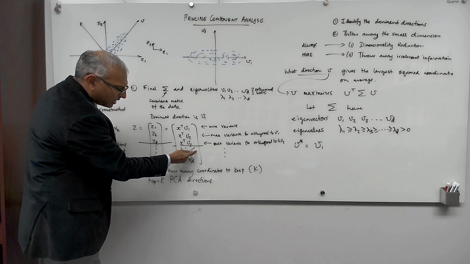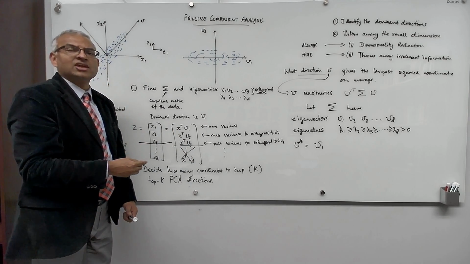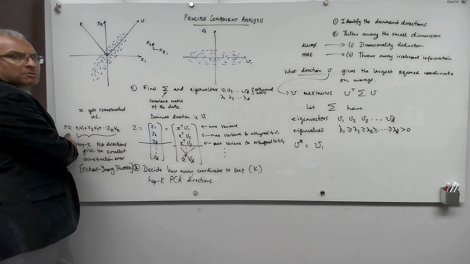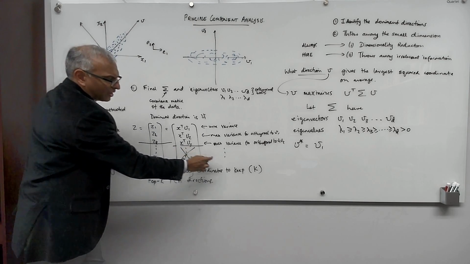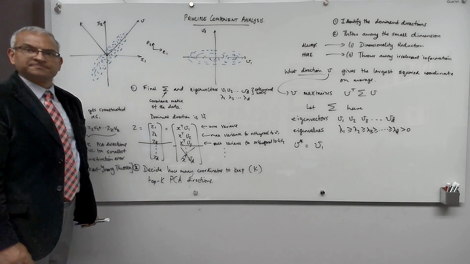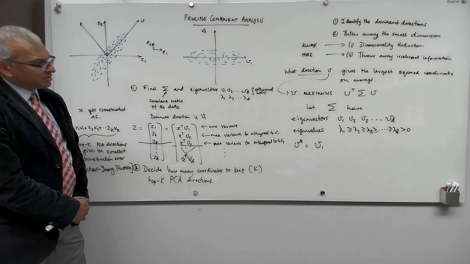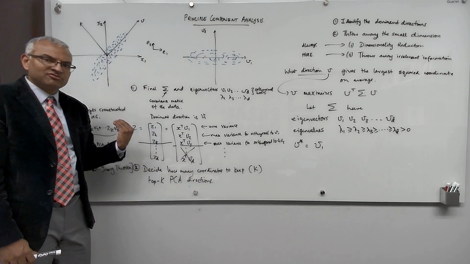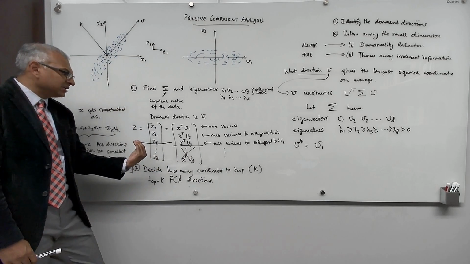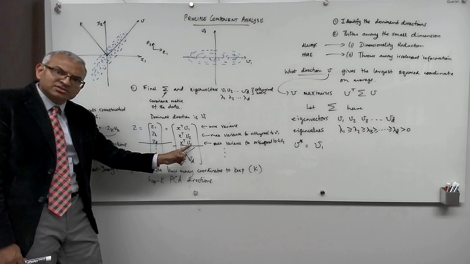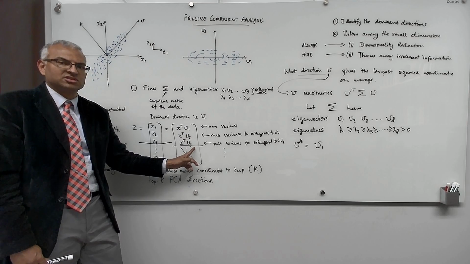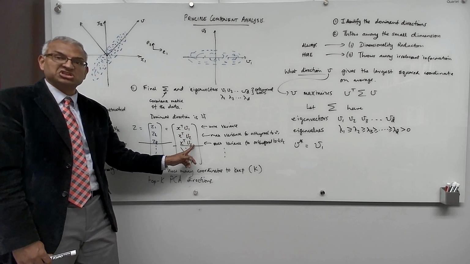And keep throwing away directions until you feel like you're throwing away too much reconstruction capability, at which point you stop and you identify K. Okay? And when you have done that, you have performed a dimensionality reduction to K features. Those are sometimes called the top K principal component features, so the top K PCA features.